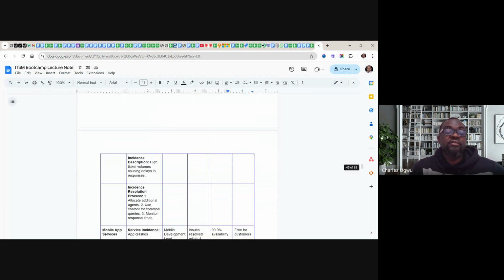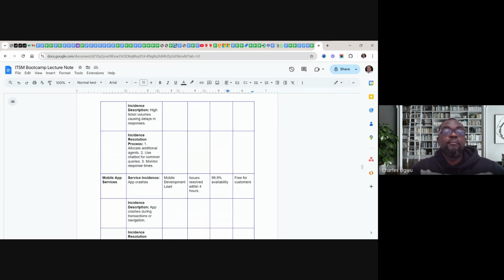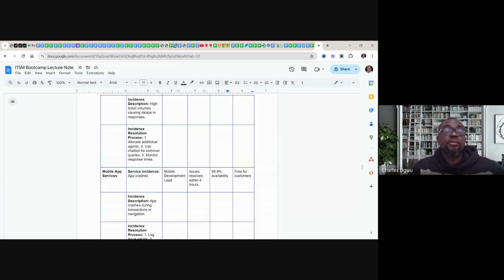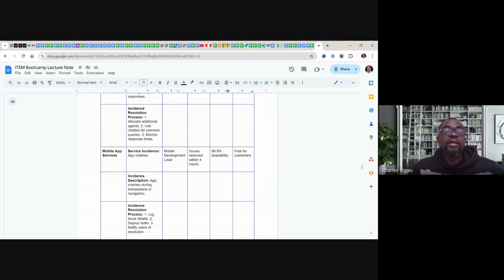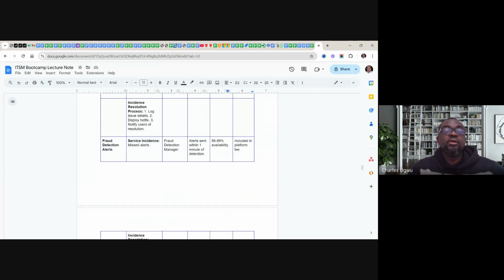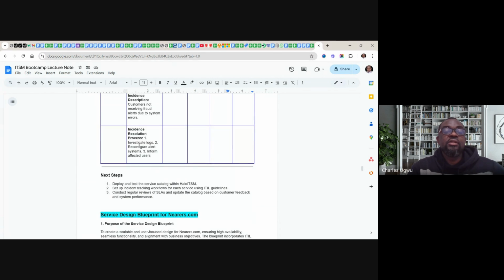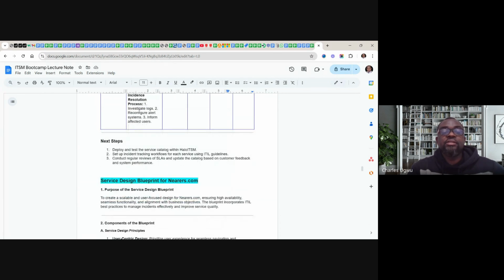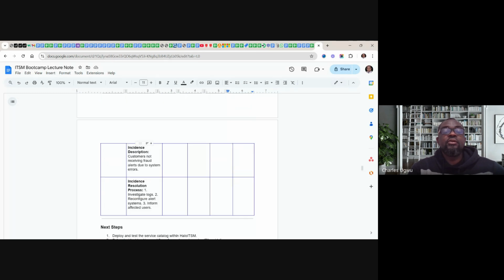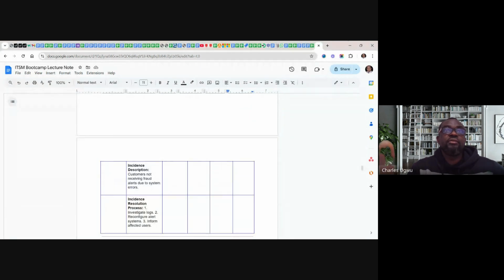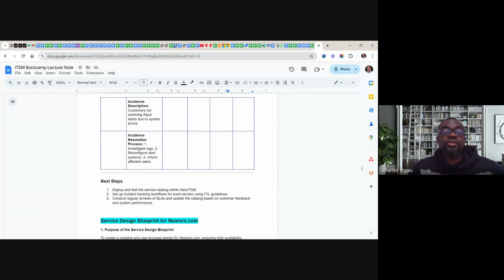These are various services within this digital banking. We have mobile app services. We have fraud detection alert services. And that is it for giving us a picture of different environments, sectors, or industries.